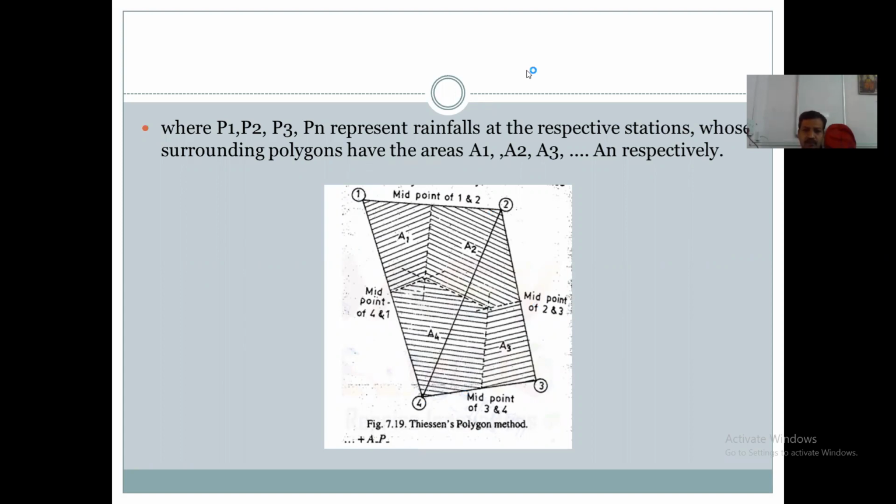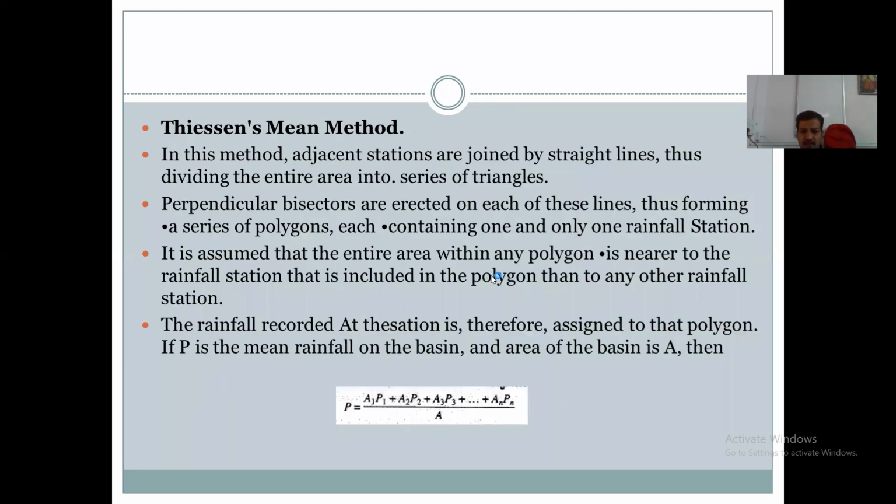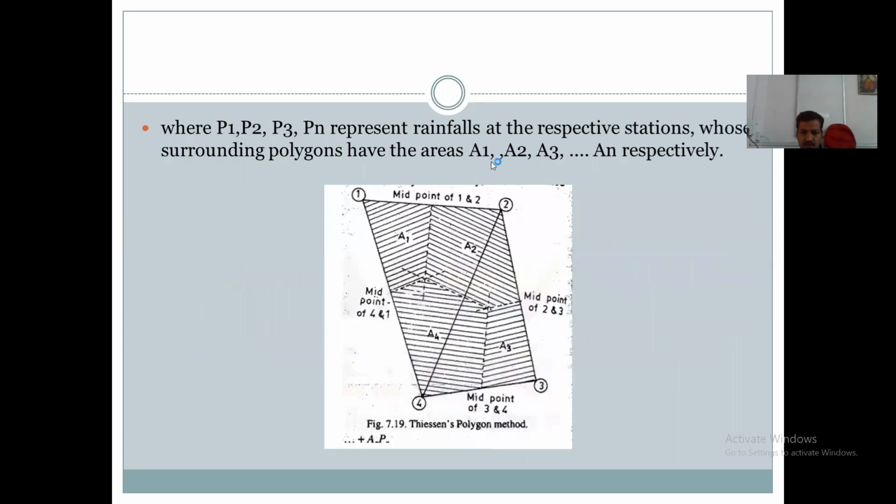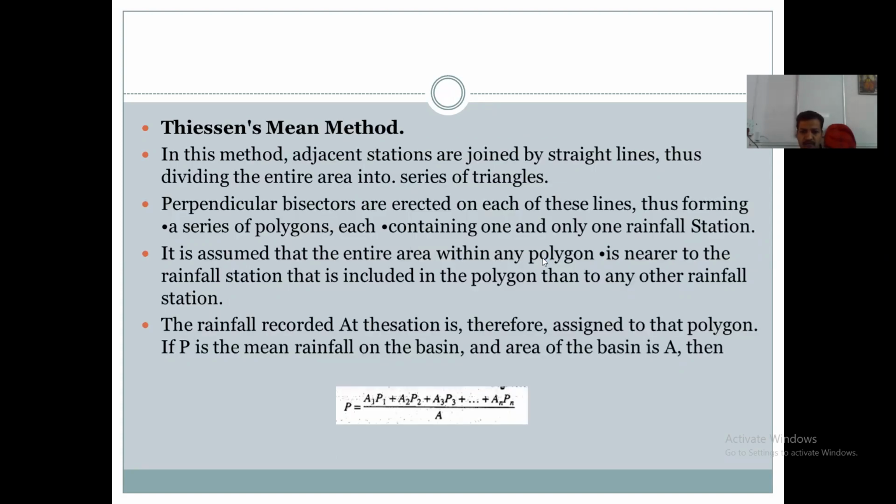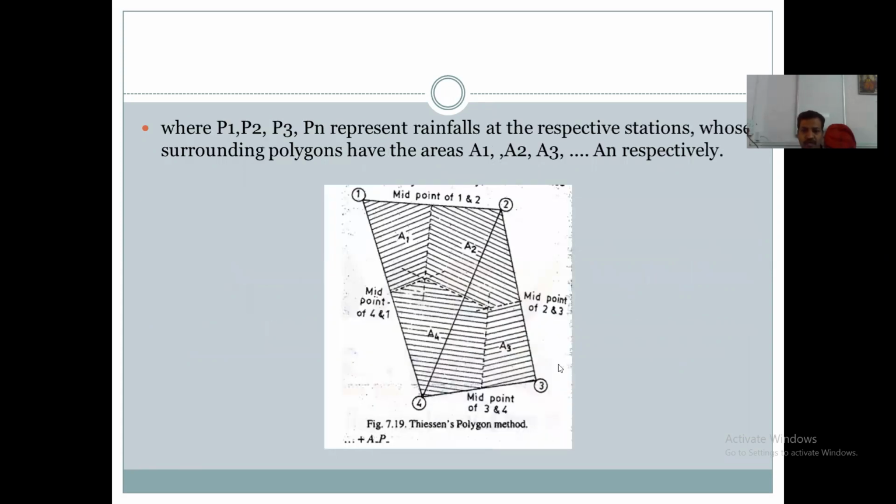The midpoint of 4 and 1 is marked in between. Then each rain gauge station is joined together, and from those lines perpendicular bisectors are drawn.